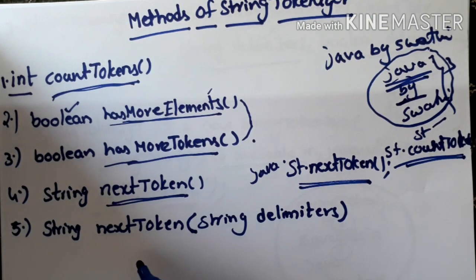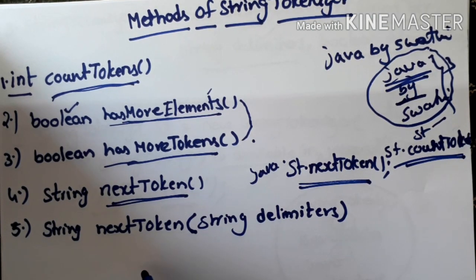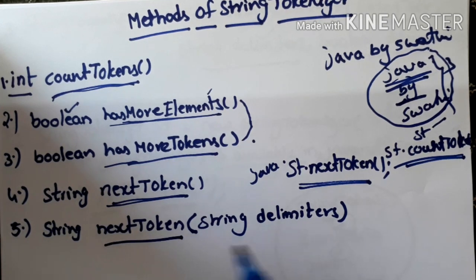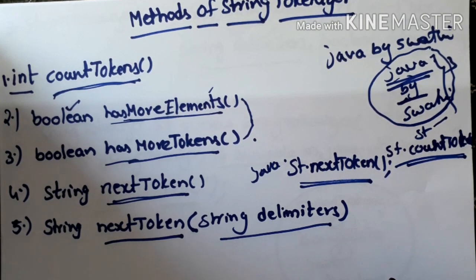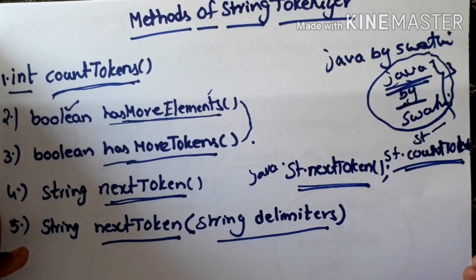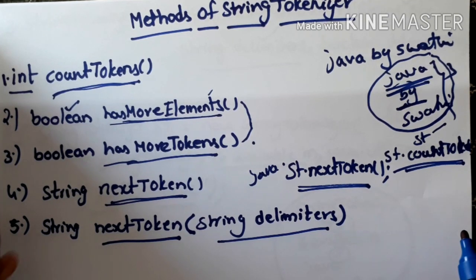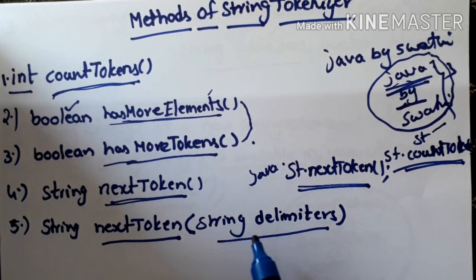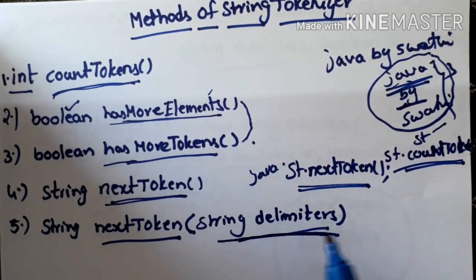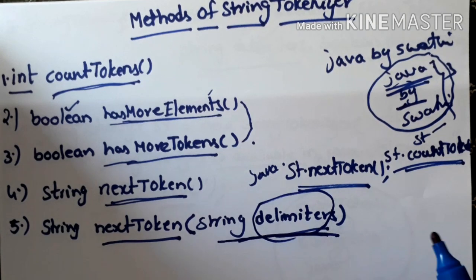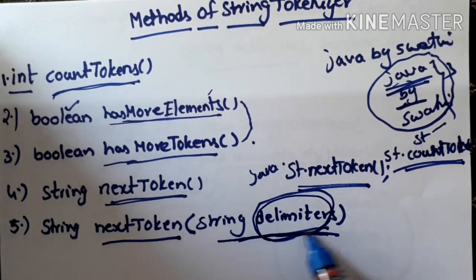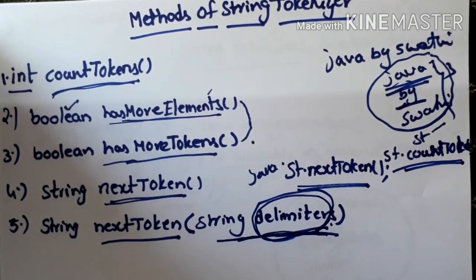The next method available in the StringTokenizer class is nextToken(String delimiters). This method is also used to fetch a token from the StringTokenizer object. But before doing so, this method will set the default delimiters of the string to the specified delimiters. Before fetching a token, it will change the delimiters to the specified delimiters.